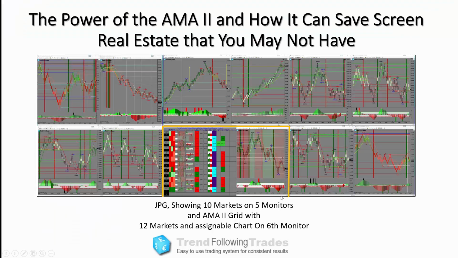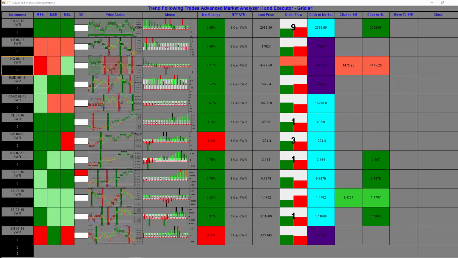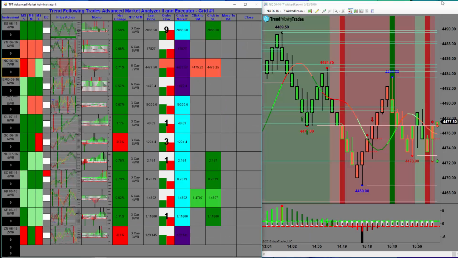Here you go. This center monitor that you see, there are 6 monitors on this setup. We're going to be looking at this center monitor, and half of it is the AMA2. Essentially, it's looking at 12 half-screen monitors. So let me close that out, and now we're looking at one full screen, and when we cut it in half, we're looking at half the screen.